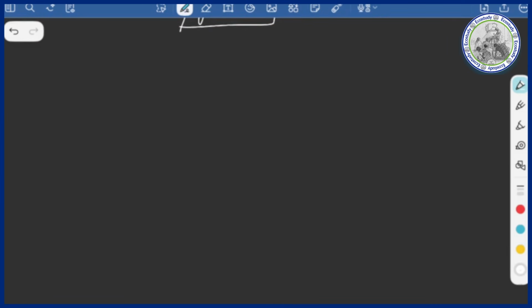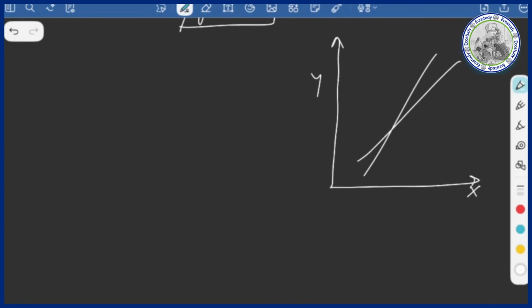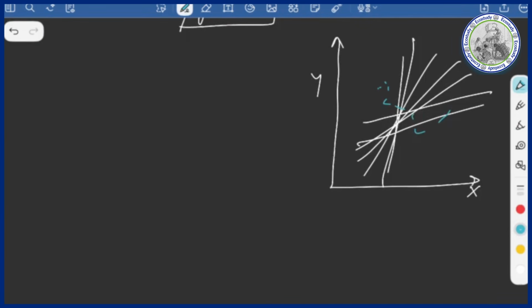Okay, let me show you one more time. See, this is the equation. So this is x and this is y. When you plot, we will get many lines in the data, but which line should you prefer? If we have the variables x, y, and these are the data, and you have these many lines, which line do you prefer?